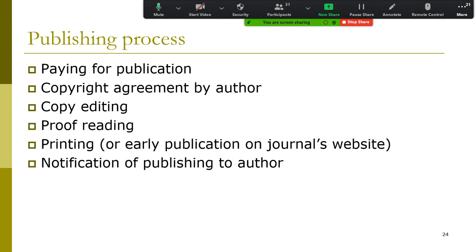And when your article is available on the journal's website, the editor or the managing editorial team or the publisher's representative will inform you that your article is available, and you can download and share your article with your students, with your colleagues.